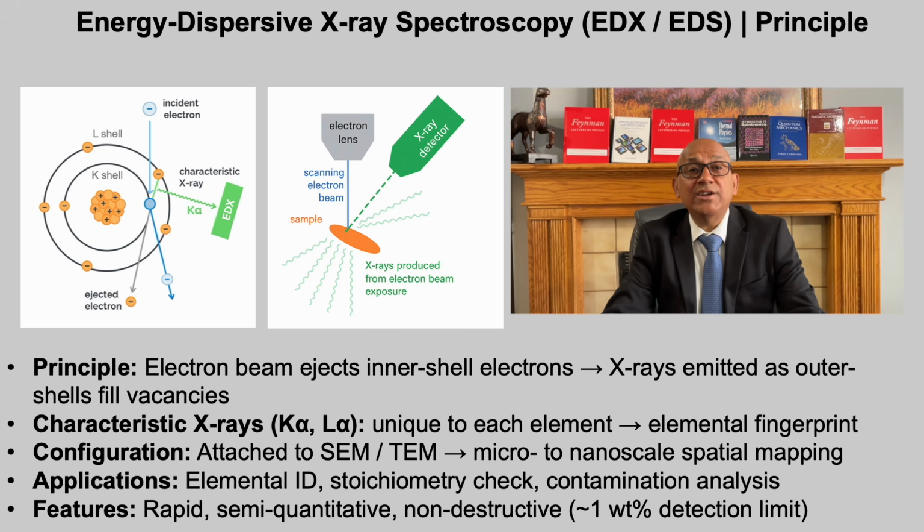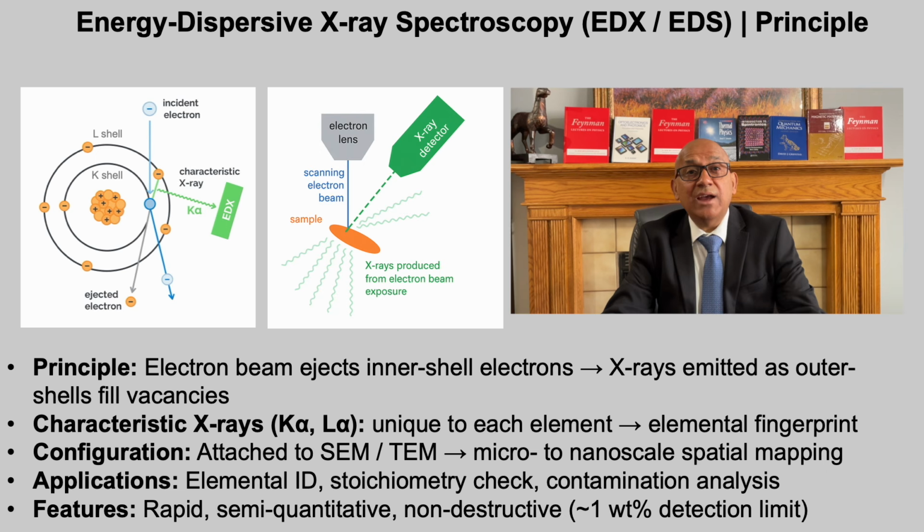When a high-energy electron beam strikes a specimen, it can eject inner shell electrons from atoms. As outer electrons drop down to fill these vacancies, they emit X-rays whose energies are characteristic of specific elements.